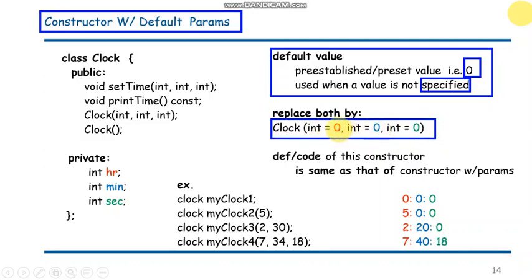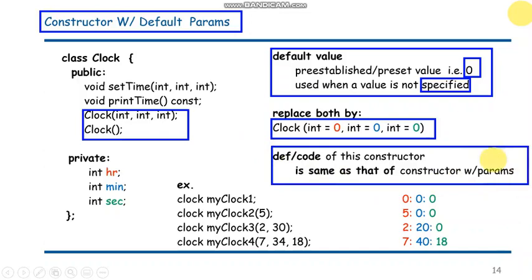We are giving each parameter a default value of 0. And this can replace both of these constructors. Now, the code for this constructor with default parameters is the same as that of the constructor with parameters.